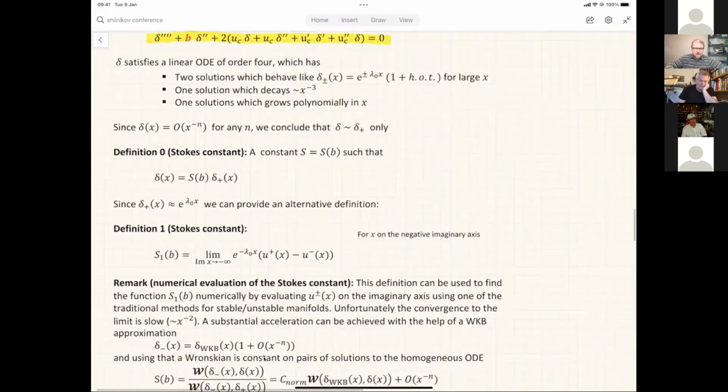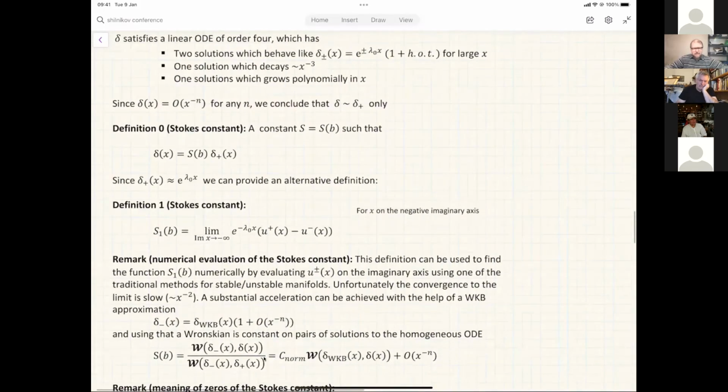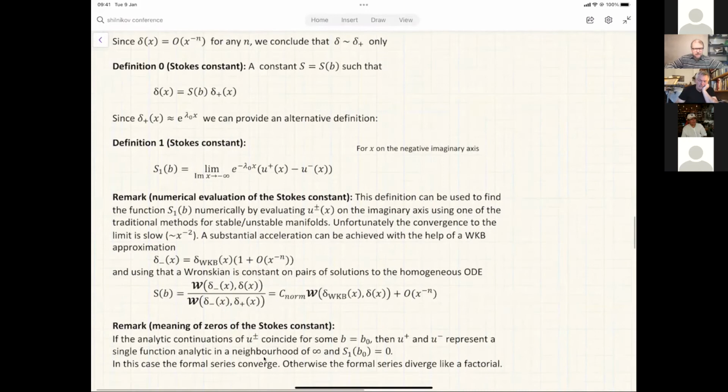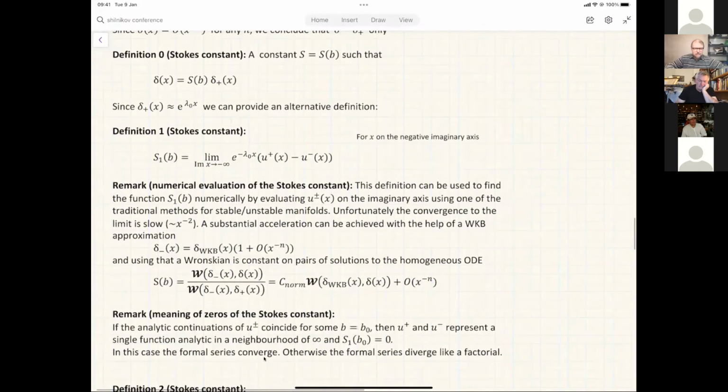And there are some methods which can be used in order to accelerate convergence. But I'm dropping that.